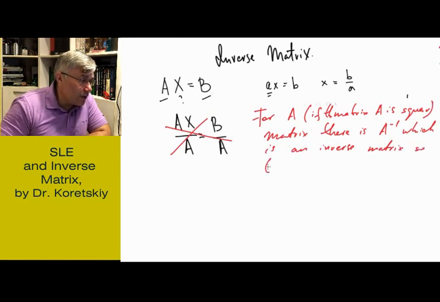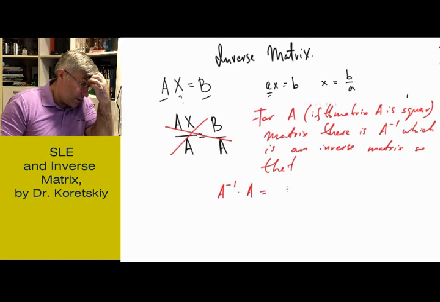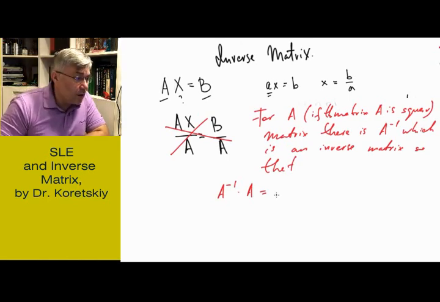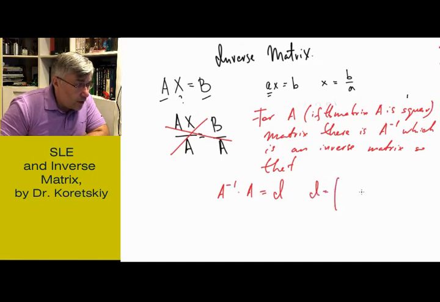The identity matrix is a kind of unit matrix which has non-zero elements along the main diagonal, all of them 1, and all other entries are zeros. For example, here you have a 4x4 identity matrix.